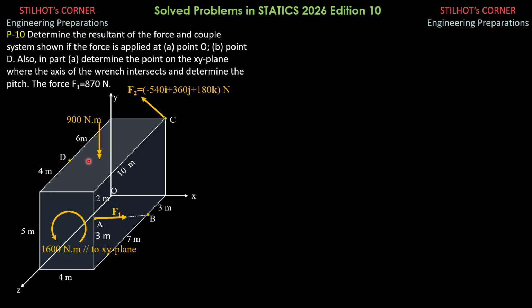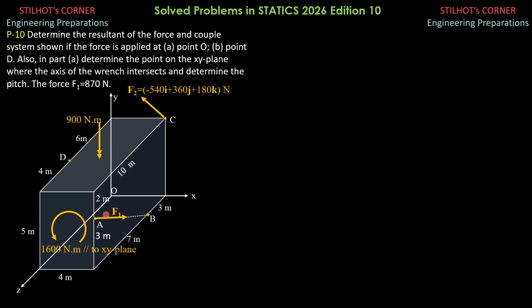While this couple is said to be parallel to the xy plane, so it is positive. This is the positive direction along z. So that's 1600k newton meter.